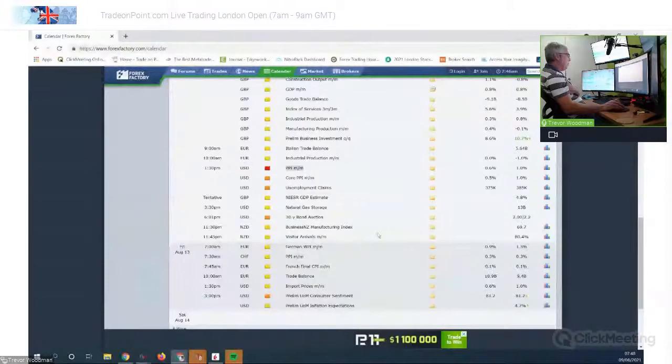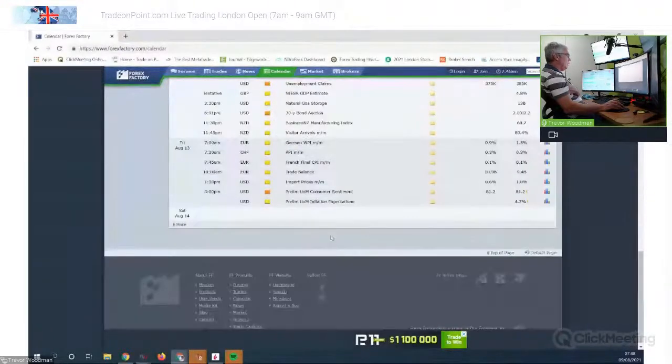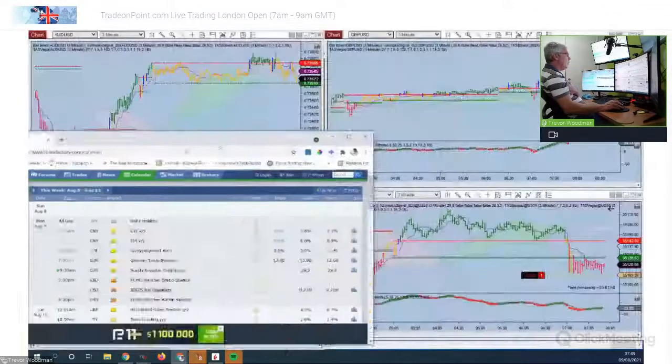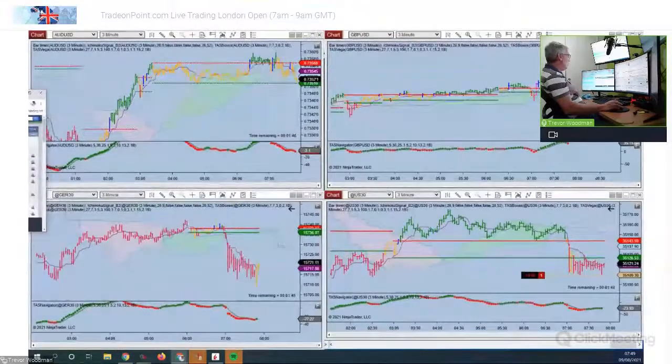And then Friday, pretty much a dead day, which we don't trade on Friday. So as far as our session goes today, we might see a little bit of volatility coming in with people trying to guess what's going to happen over here. But other than that, there's no real news coming out, so nothing that's really going to affect the market, which is good.